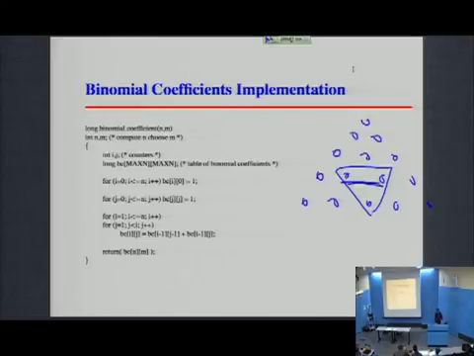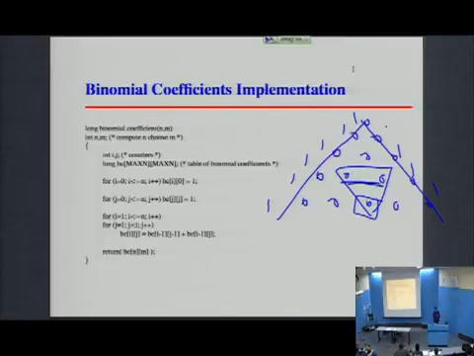We computed from the smallest; these were the basis cases. These were all 1, 1, 1, 1, 1. And we filled in the rest of the triangle. This was the element that we wanted. But to get to this point, we instead filled in the smaller values and kept filling in smaller values, so that whenever we filled in a value, the two we needed were there.